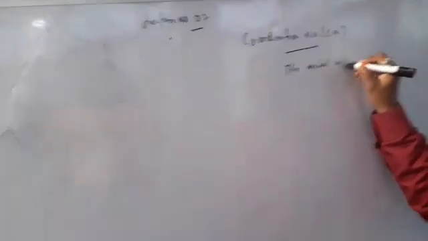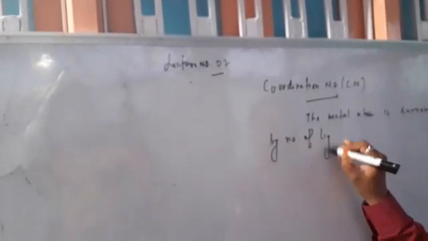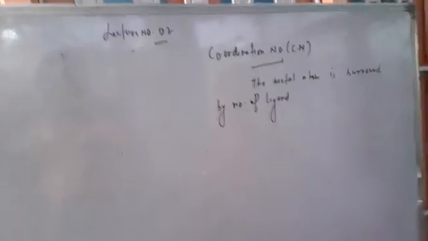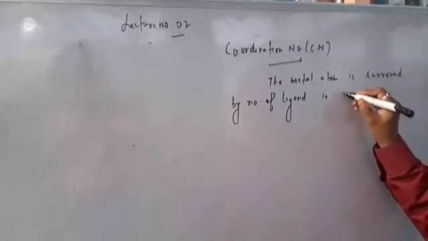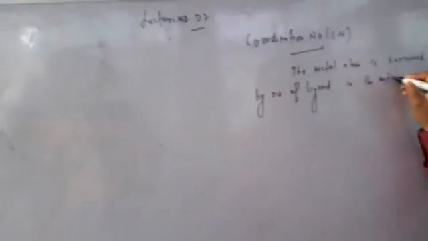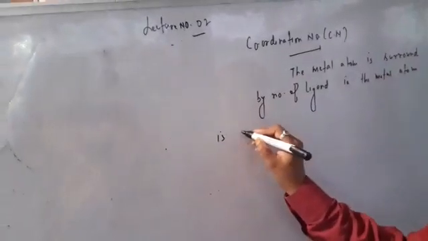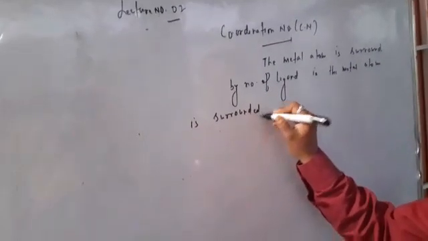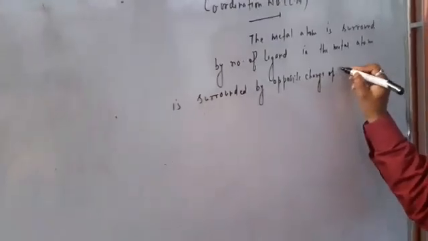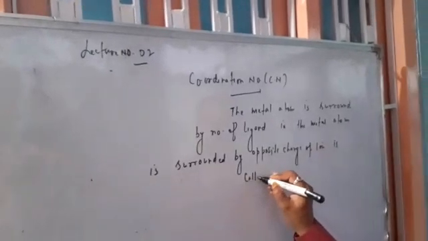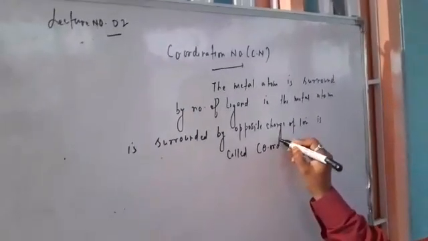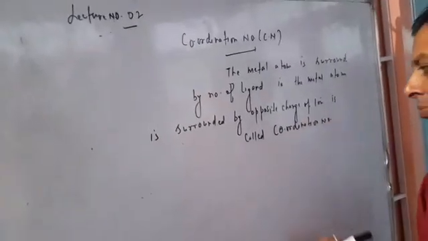The number of ligands by which the metal atom is surrounded, that is, the number of ligand donor atoms attached to the central metal atom, is called the coordination number.